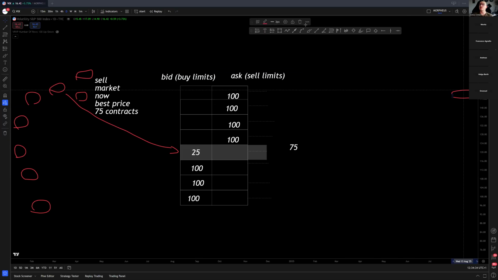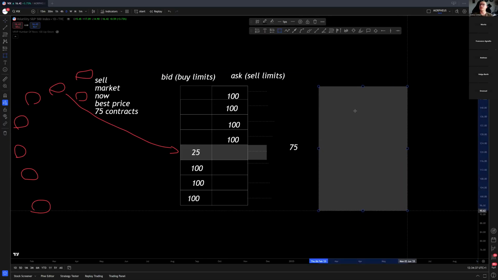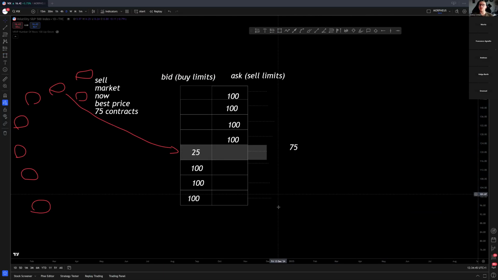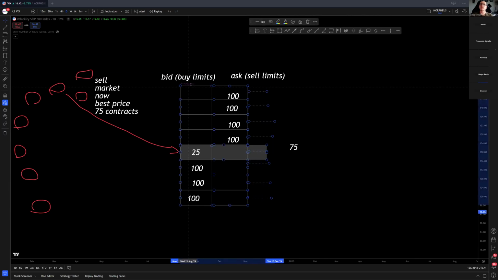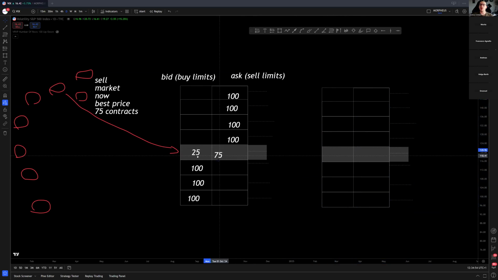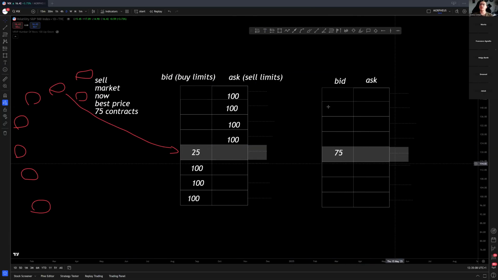And these orders go right into our footprint. Let me just recreate it real quick. So we had 100, 75 were bought, and they go right here in the footprint, in the bid column. Here we have the ask column. And automatically our footprint puts a 0 here because we have this level.